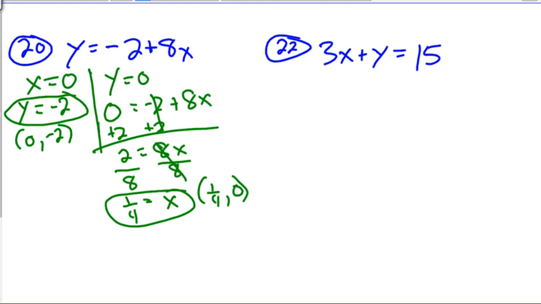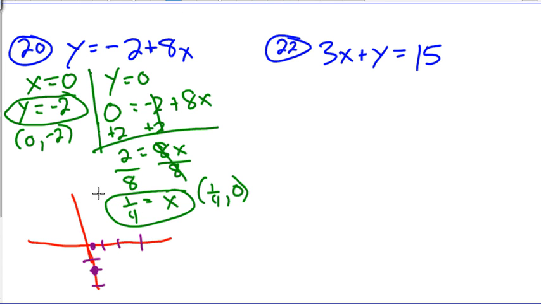So let's plot these points. Oh, that's not very straight. I apologize. Obviously, you guys will be doing these on graph paper. So this is going to be 1, 2, 3, 1, 2, 3. So 1/4, 0 is going to be in here, a fourth of the way between 0 and 1. -2 is going to be right there.